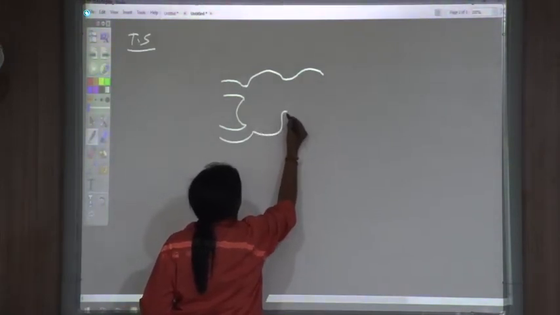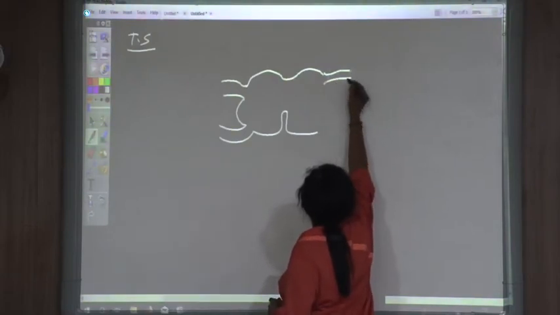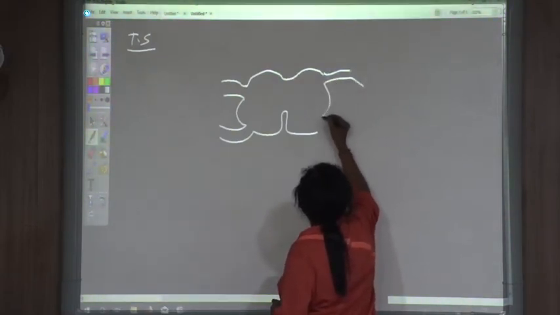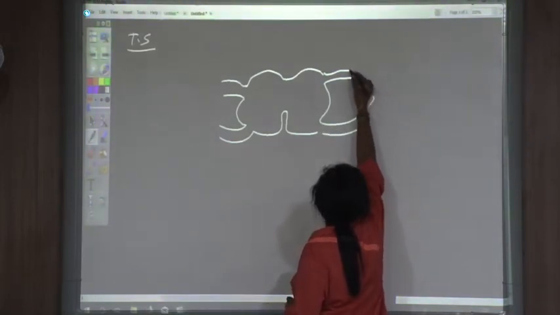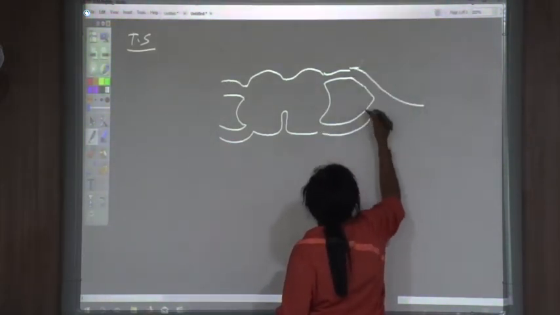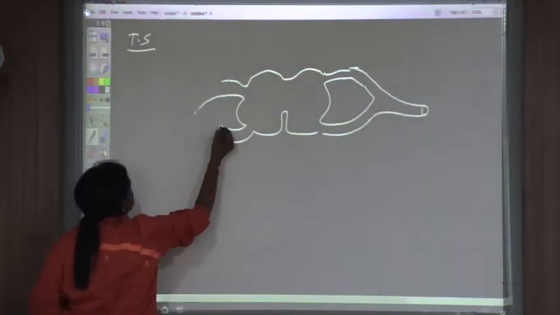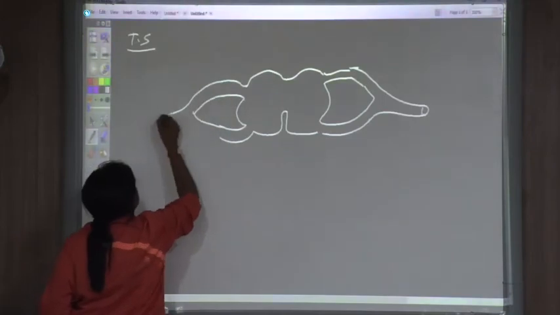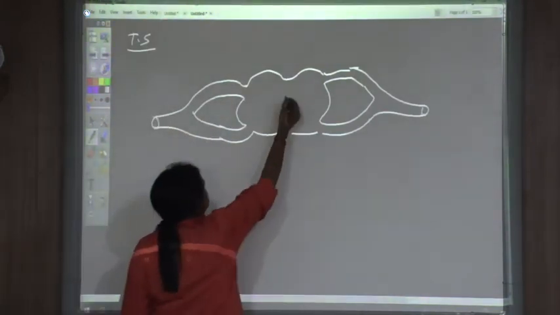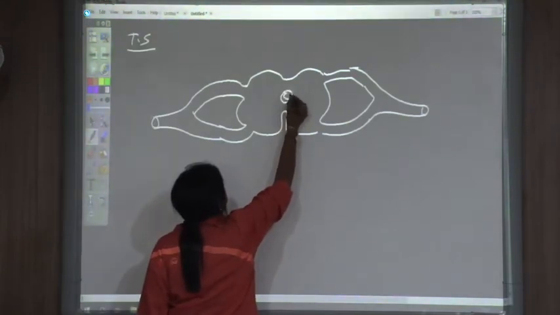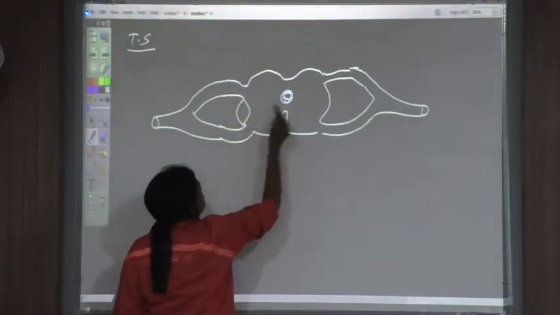So it is a cylinder which is slightly constricted, and on the ventral side there will be a deep fissure, whereas on the dorsal side there will be a shallow fissure. And from both the sides of the spinal cord will arise the horns. The upper one will be called the dorsal horn and the lower one is called the ventral horn, and in the center will be the centrum. There is a cavity inside.